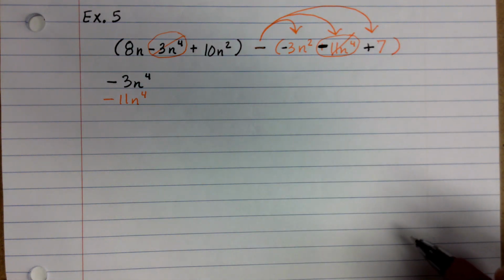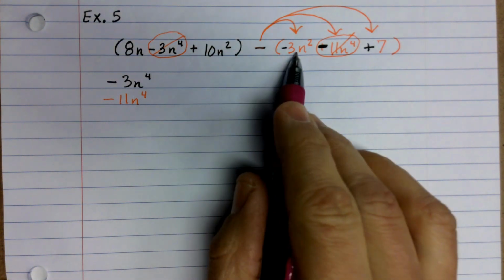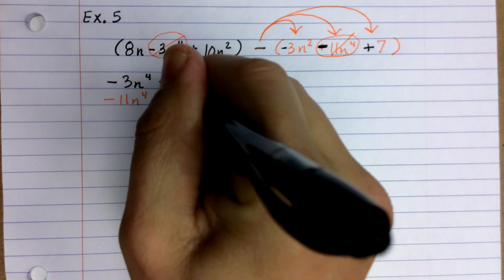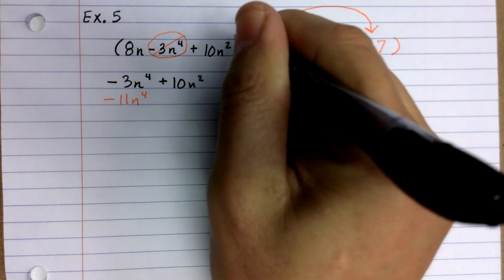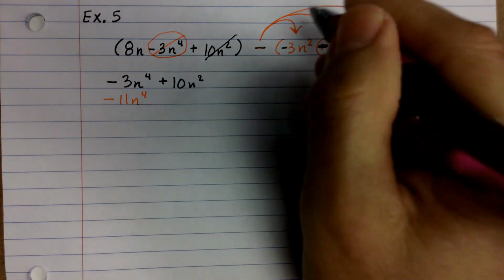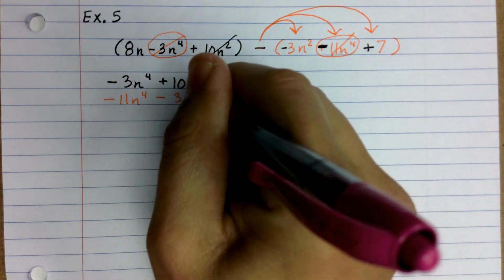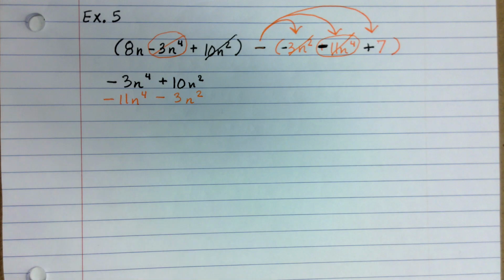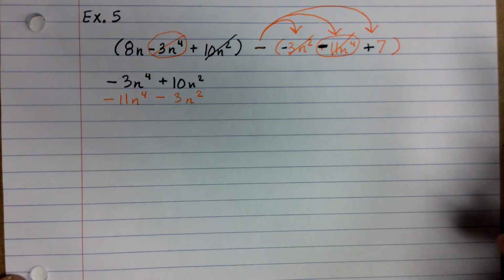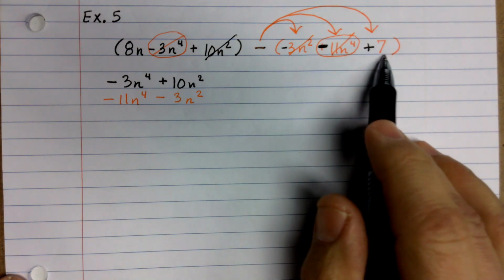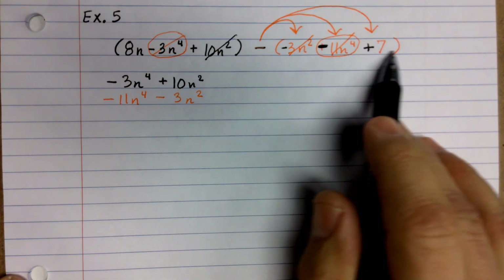And I'm going to go to the next one, which would be the second power. Now I do have two terms with the second power. So let me write that one. I have positive 10n to the second power. And in this one over here, we have negative 3n to the second power. And then I notice that I do have a first power on this expression, right? It's n to the 1 power, but there's no n to the 1 power on the right expression.